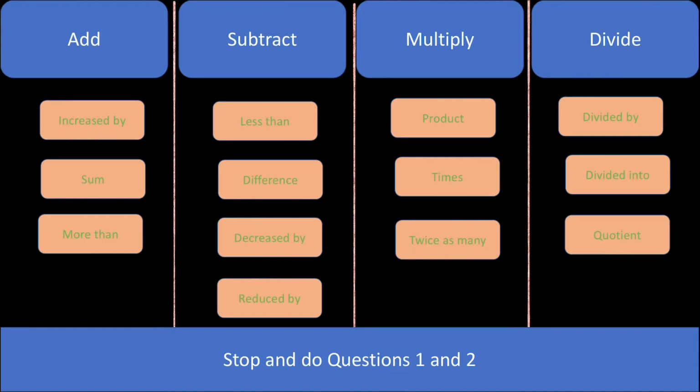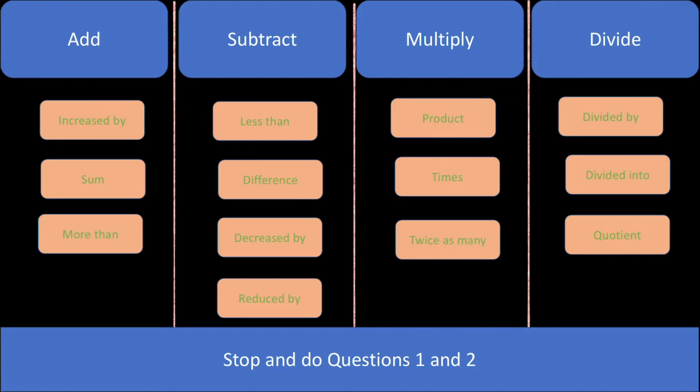Then multiply: the product, times, twice as many. Then divide: divided by, divided into, quotient. This would be something that I would usually have up on the wall so that you can use it as you're doing it. And you know what, it's not cheating. So take a screenshot, because anything on the wall you're allowed to use. Take a screenshot, print it out, you're allowed to use this.